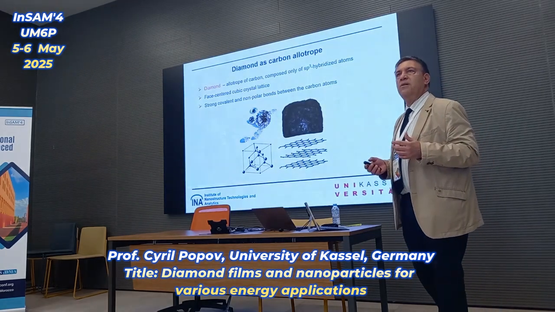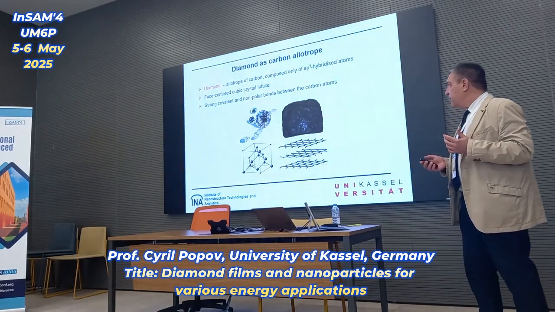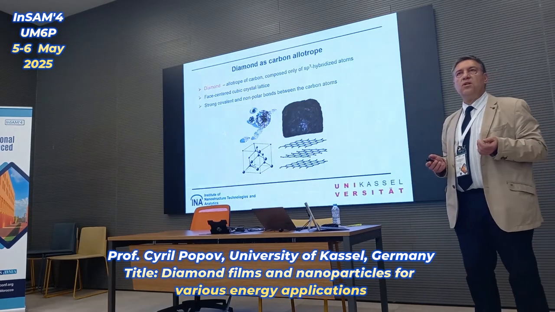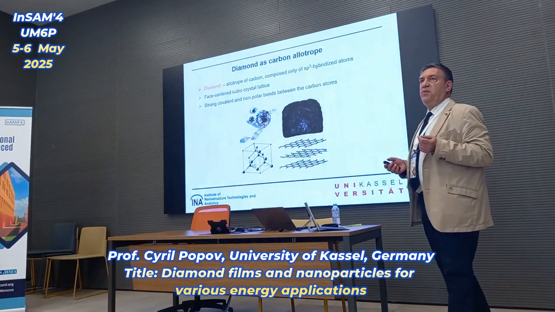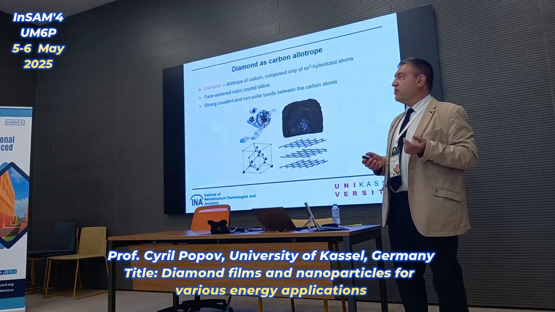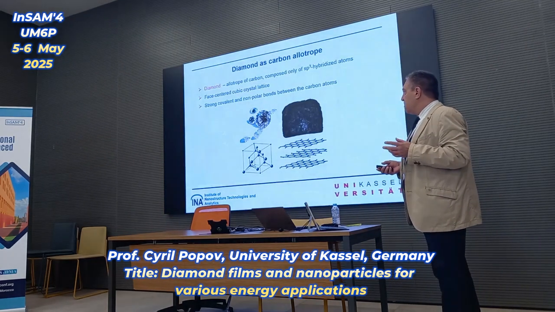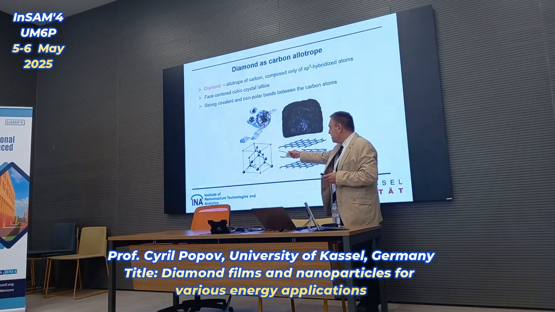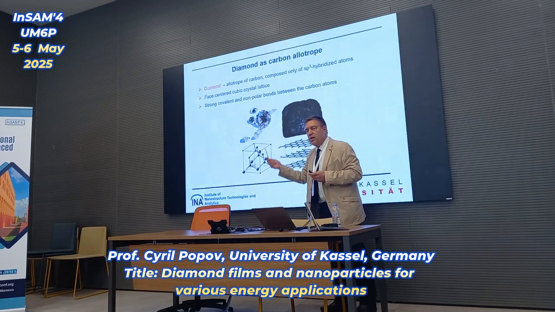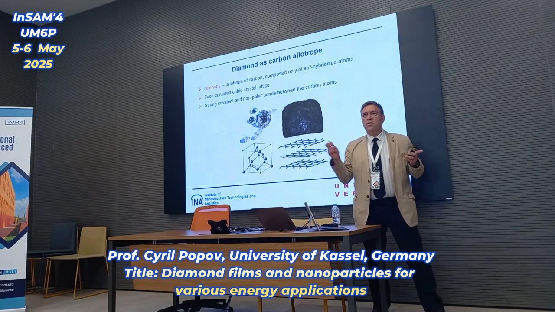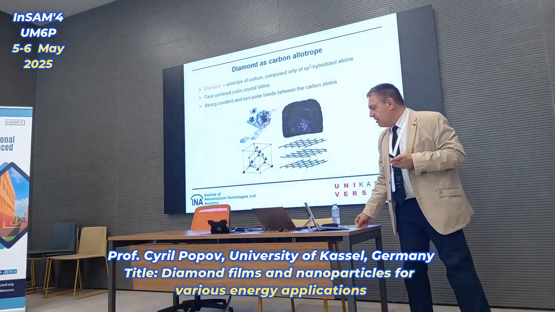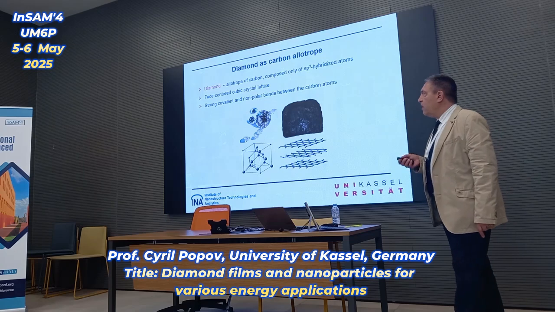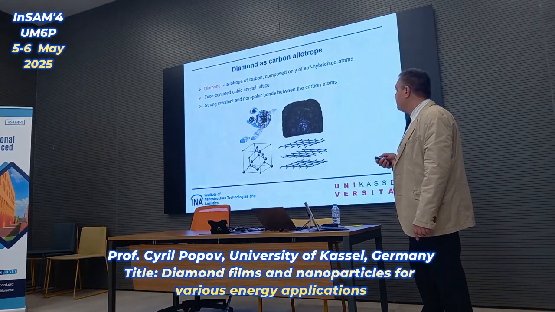Let's go back to the chemistry book and remind ourselves. So diamond is an allotrope of carbon, which is composed only of sp3 hybridized carbon atoms. These atoms are arranged in a face-centered cubic crystal lattice. Each carbon atom is bonded to 4 other carbon atoms, and these bonds are strong, covalent, and nonpolar.